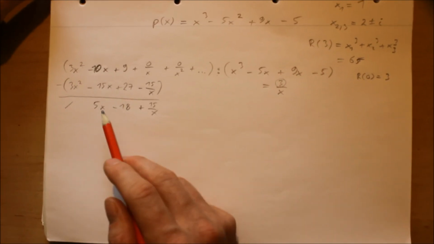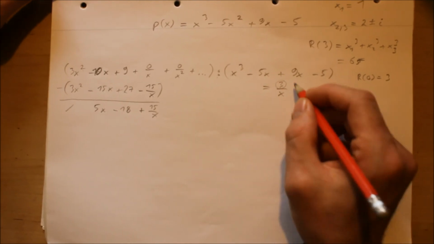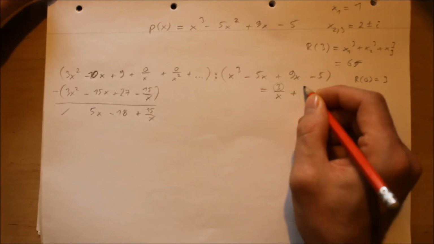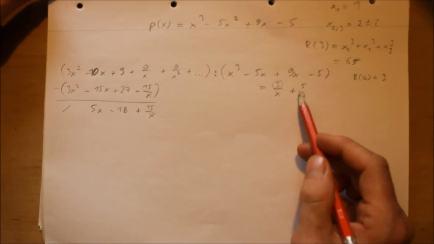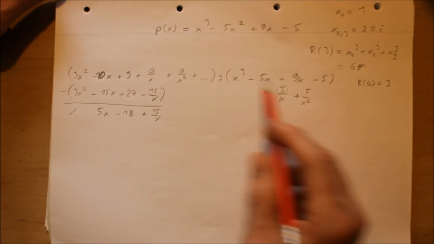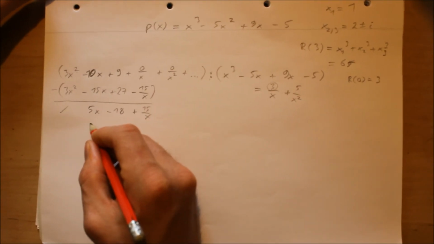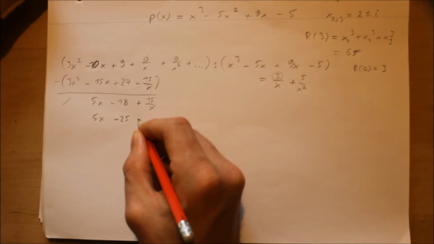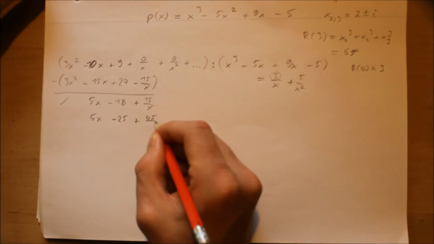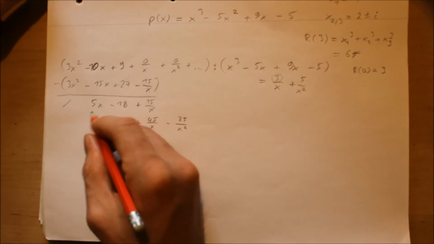So our next term is 5x over x cubed, which is 5 over x squared. Multiplying this term through our polynomial, we have 5x minus 25 plus 45 over x minus 25 over x squared.